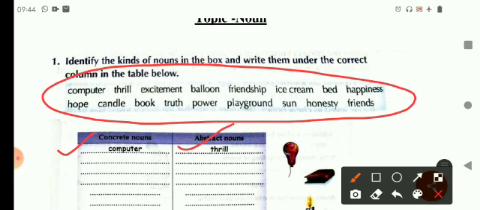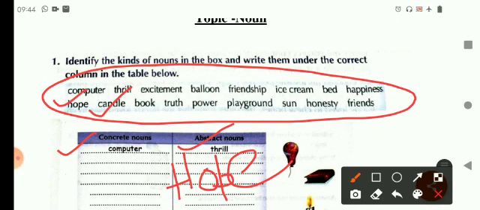Suppose the first one I'm taking is hope. Hope is an abstract noun because hope is a feeling that cannot be seen. You cannot see hope, you cannot touch hope. So hope is an abstract noun. You will write it under abstract noun. Another example, I'm taking candle. Candle is an object.